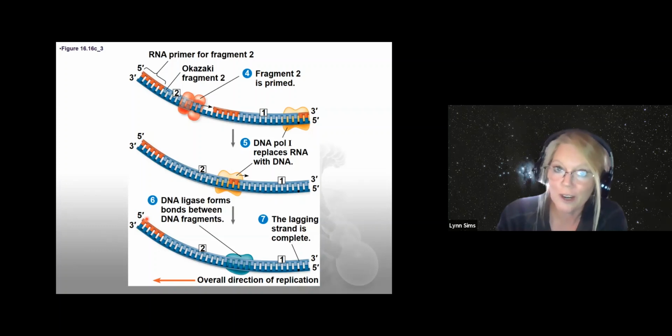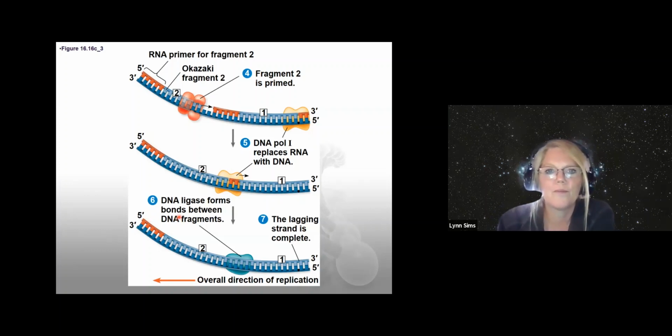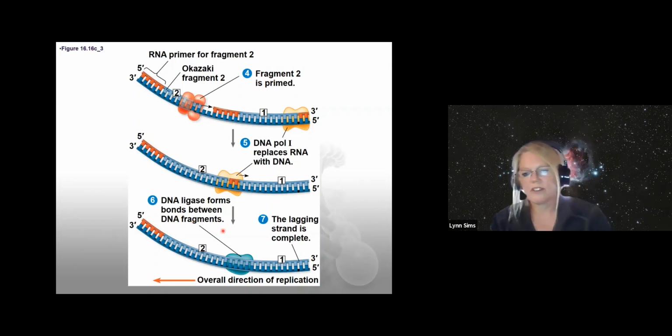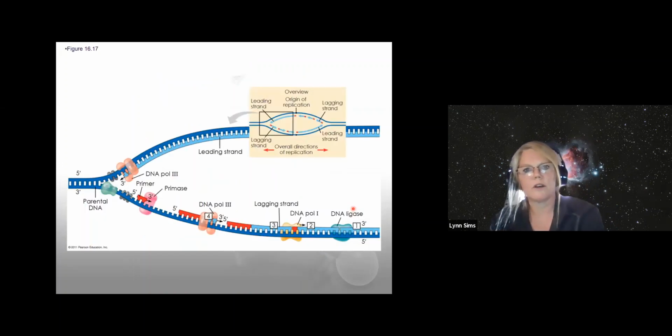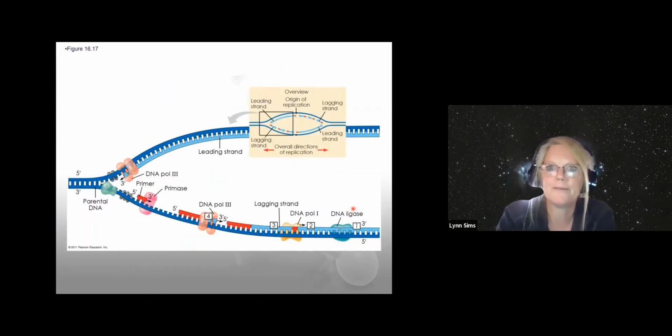So this is another strand that's going to start losing DNA over successive replications.